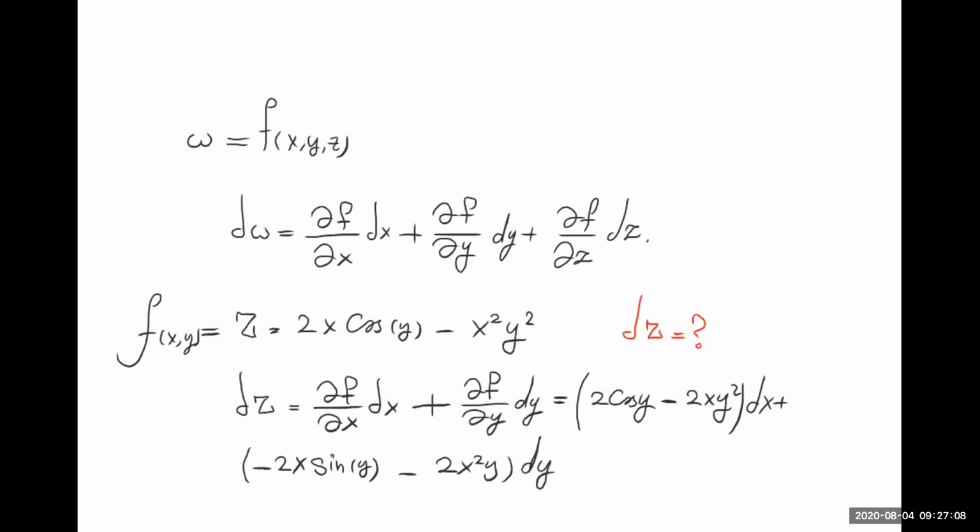So that's the definition of dz here. Okay. Now, we use these differentials both in derivative and integral. So just have that in mind, how we compute dx, dy, dz, dw, and things like that.